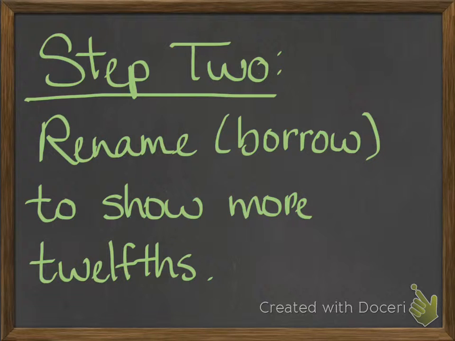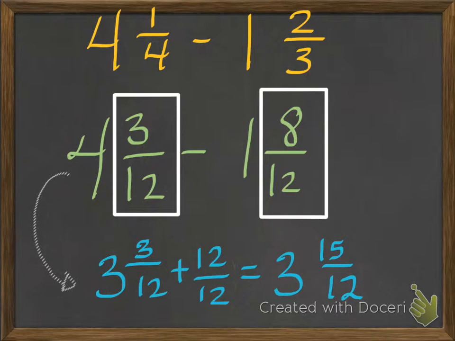Okay, so here's how I do that. So I've got my 4 3/12. Whoops, I went ahead and wrote it down for you. 4 3/12, and I'm going to borrow 1, and that will change the 4 to a 3.